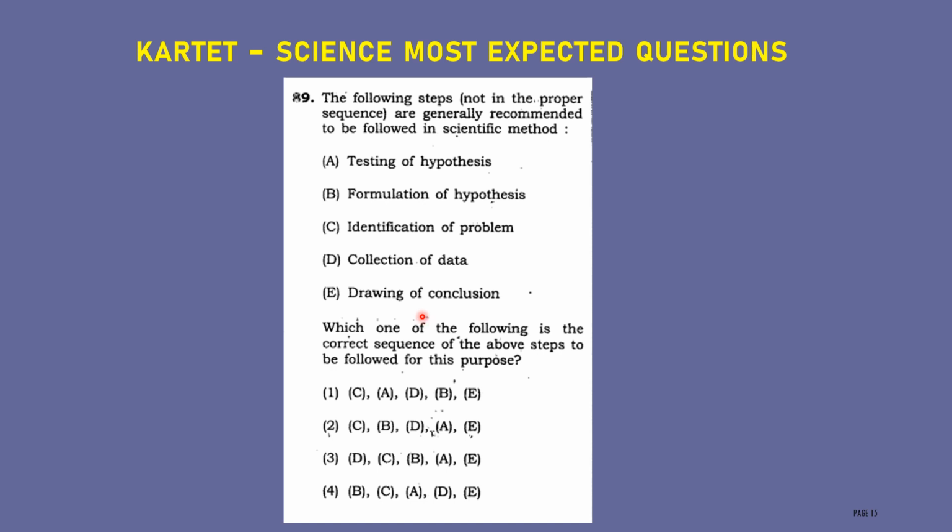Based on all the data, you have to form a drawing. Based on that drawing, finally you can conclude the problem. Therefore the correct answer for this question is, first is option C, second one B, D, A, E. This is the correct one.